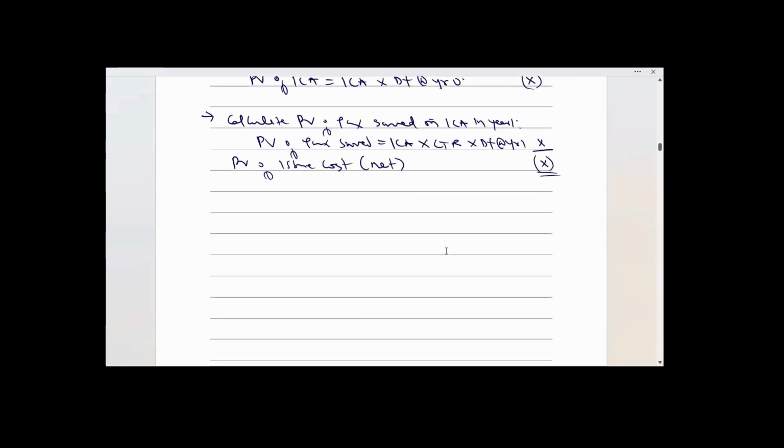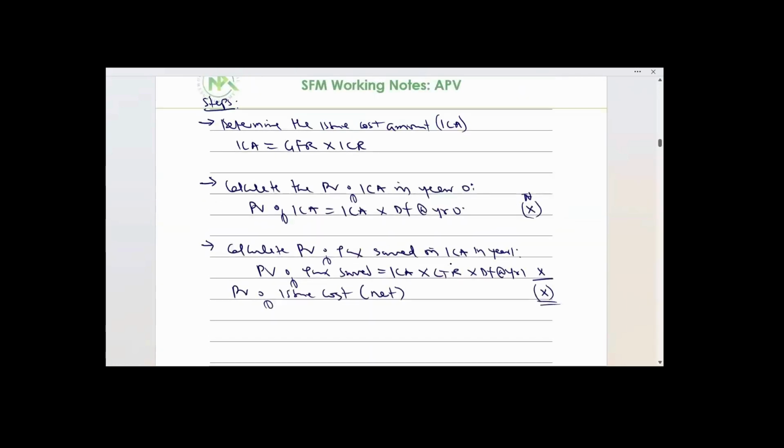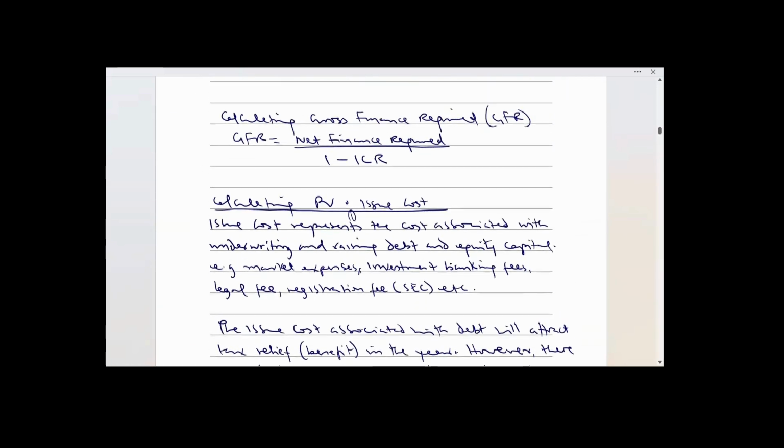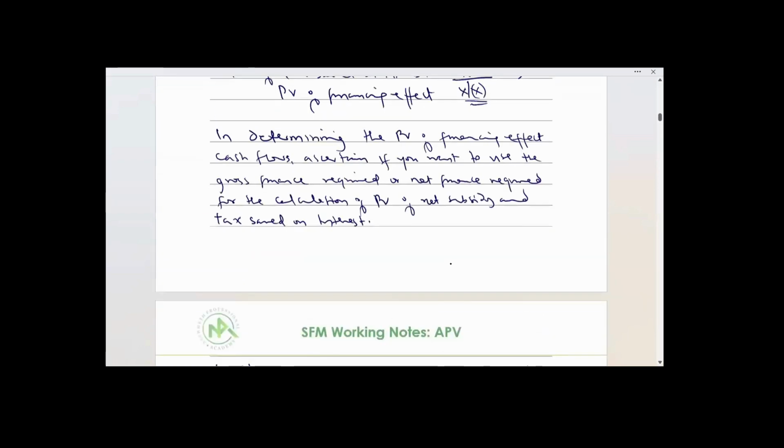Now, once I'm done with the present value of issue cost, I need to go ahead and determine the present value of net subsidy. Let me see which number did I say? Did I number them?